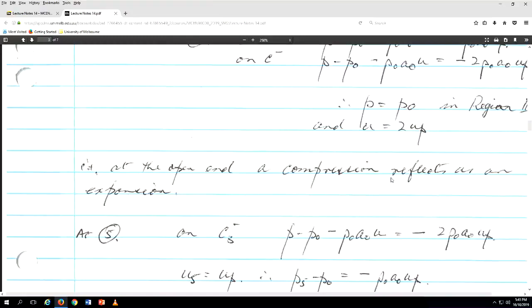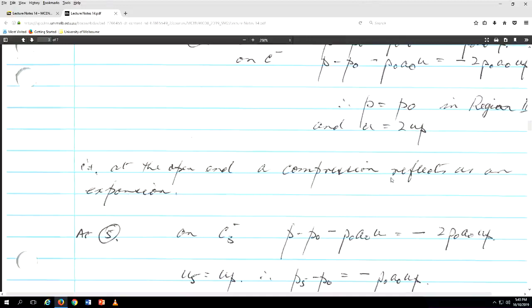And the only way to do that is to double the velocity. That's what's going on. And this is really the reason for resonance in this pipe. If you have an open end, you get half wavelength resonance.